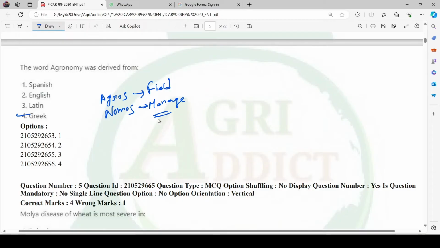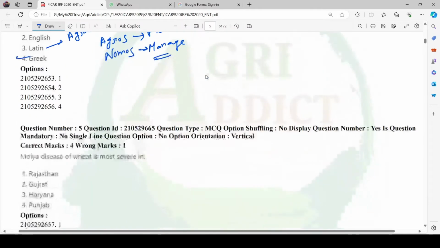So to manage the field is the study of agronomy, and this is a Greek word, and the Latin word is agriculture. Agriculture is from two words, ager and cultura. Ager means soil, cultura means cultivation. Okay. So here option D, that is option 4, Greek, is the correct answer for the word agronomy was derived from.